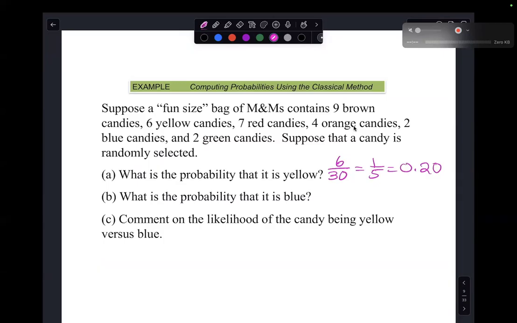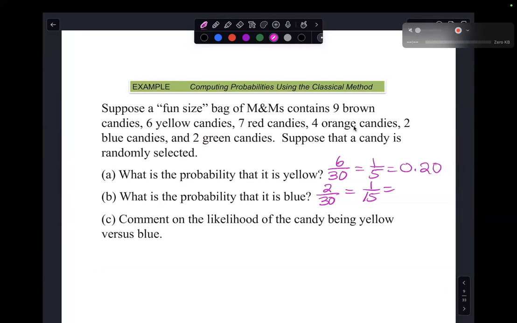So we're looking at the probability that it is blue. Once again, let's take a look. I have two blue candies. So 2 out of 30. 2 out of 30 is blue, which would be 1/15. I don't have that decimal memorized. And as soon as I put it in, I'm going to be like, oh, wait, I do have that memorized.